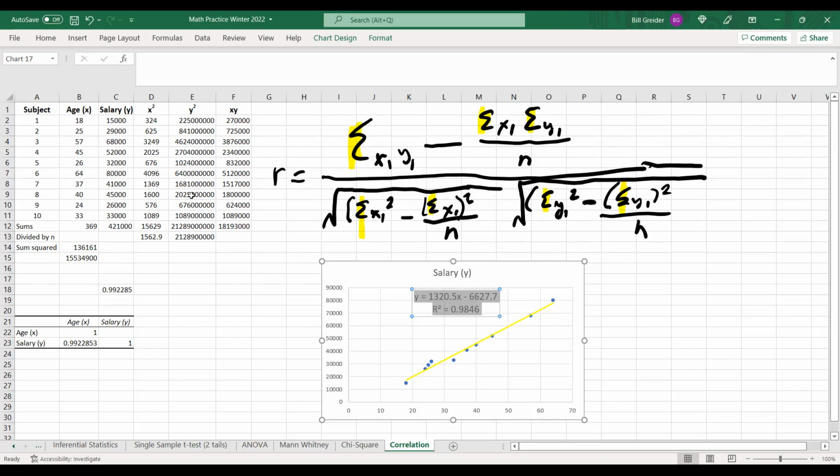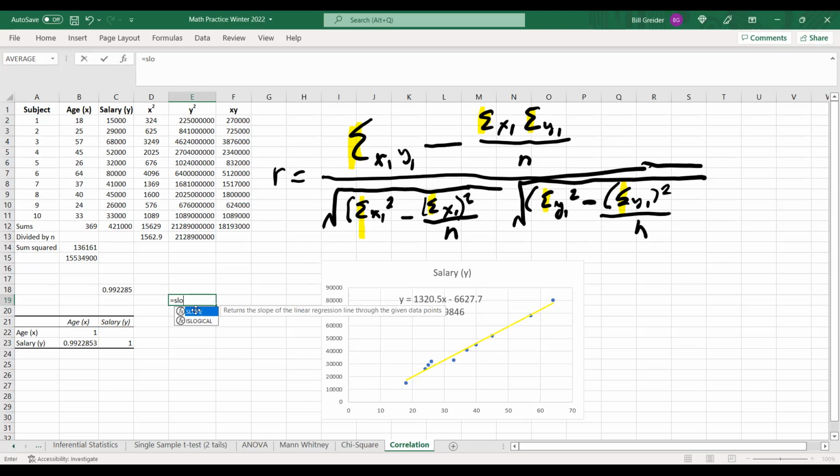So let me tell you what these variables are, the 1320 and the 6,627. Well, the first thing, the 1320, let's look at a couple of Excel formulas. One is going to be equals SLOPE.